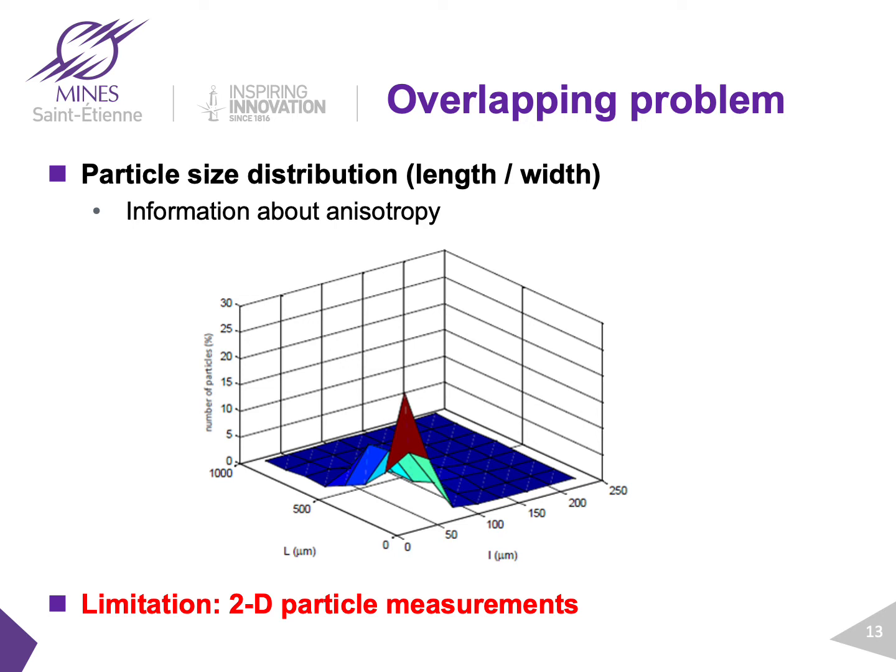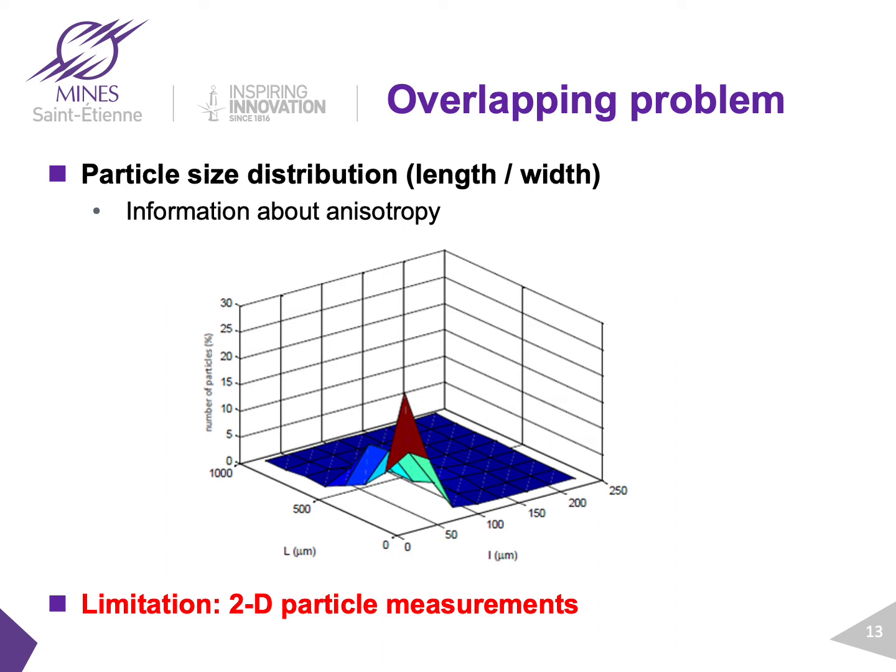So you can see here an illustration of the particle size distribution in 3D with the first two axes related to the length and the width of the rectangles. So it works well on these superimposed particles because we have an a priori about the shapes we are looking for.